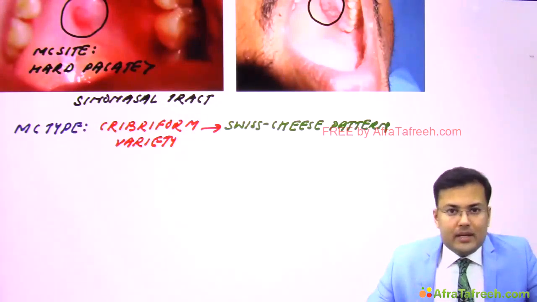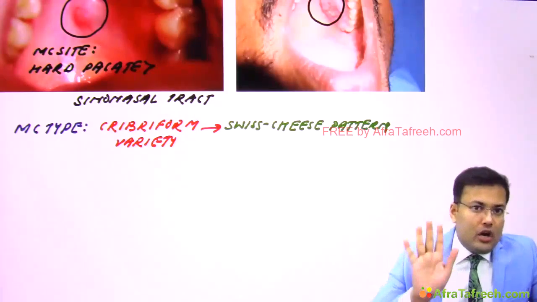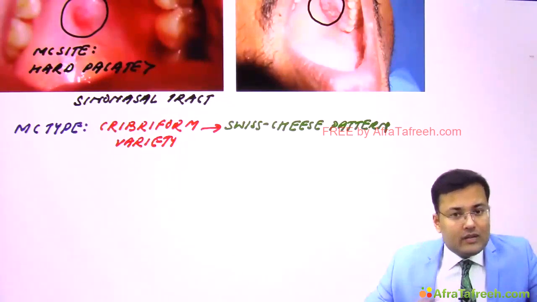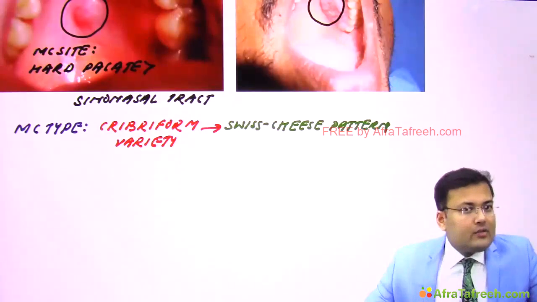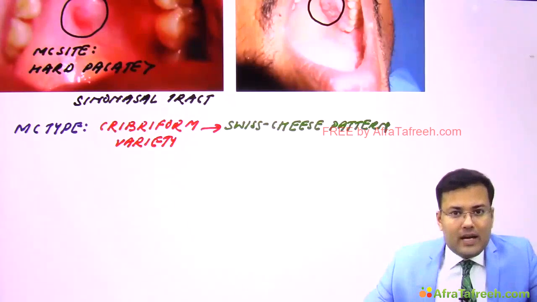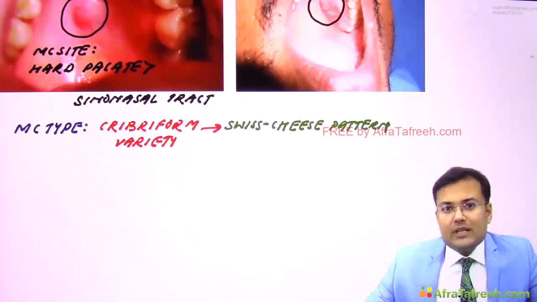Second important property, this tumor grows along the Haversian system of long bones. And third, it is known as a trachyerous tumor. Why? Because this tumor looks benign, but actually the tumor is malignant.